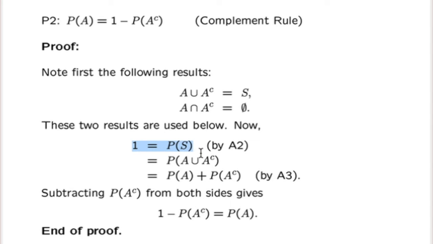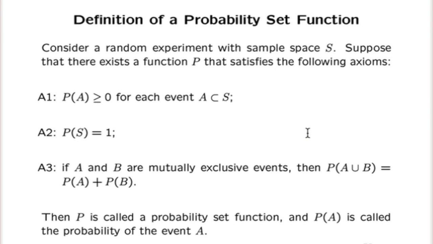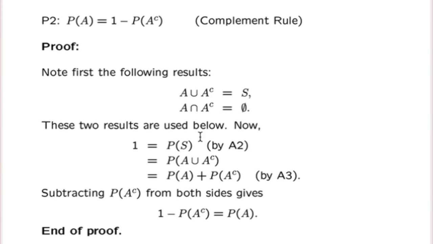We know by axiom 2, in fact, let me go back to my set of axioms here. Axiom 2 says that the probability of the sample space is 1. I'm invoking axiom 2 right here. But now I can rewrite the event S, the sample space, as A union A complement. So I put that in there.